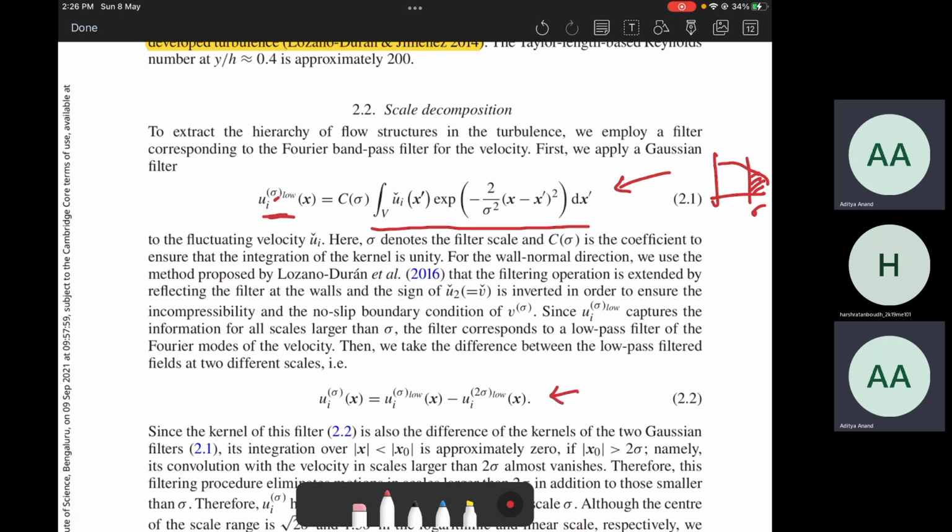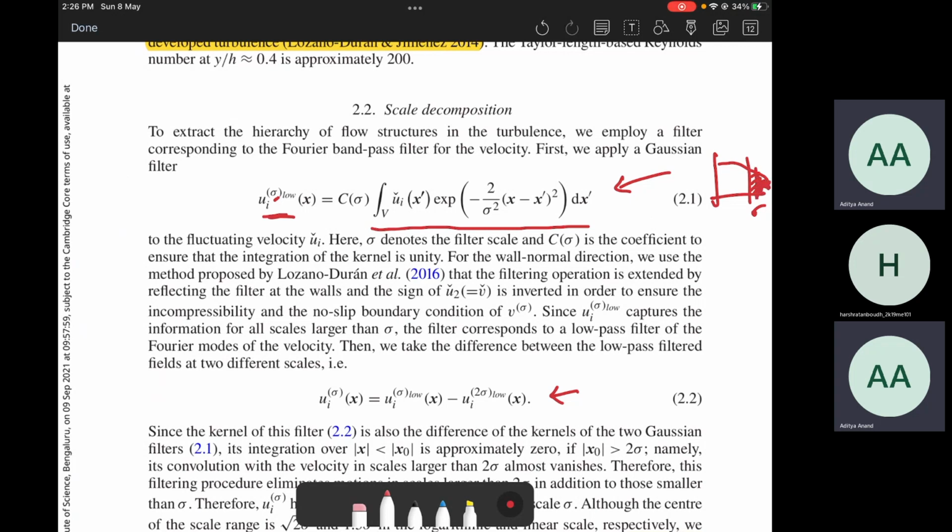So the band pass filtered velocity field they have evaluated as a difference of two low pass filtered velocity fields. There is a velocity field which has filtered everything higher than sigma, and then there is another velocity field which has filtered everything higher than 2 sigma.